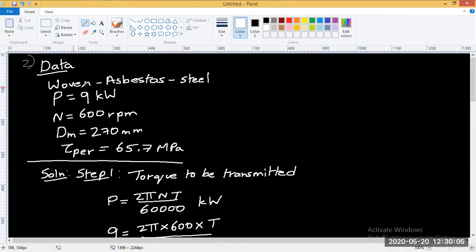Woven asbestos is the friction material. So this entire thing is the friction material.